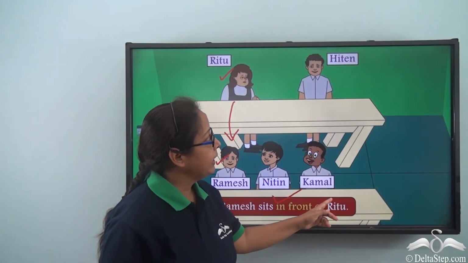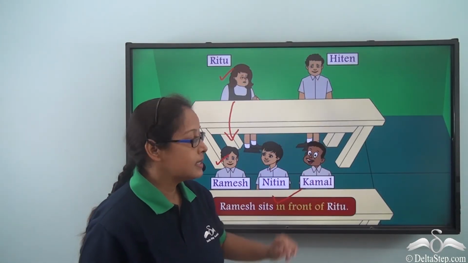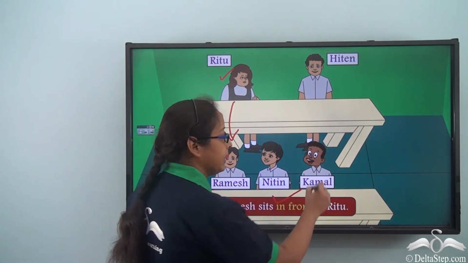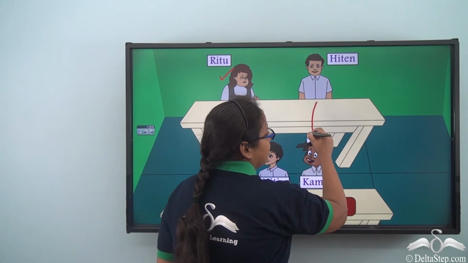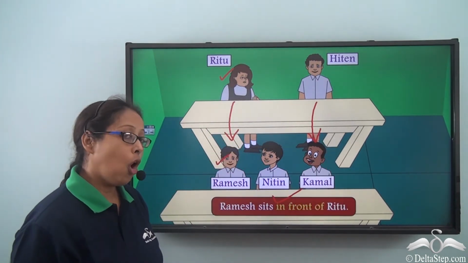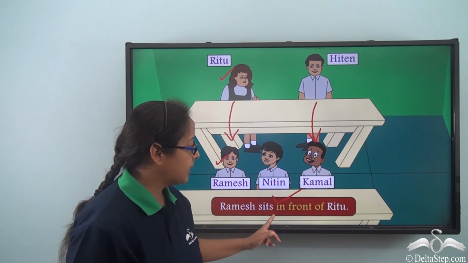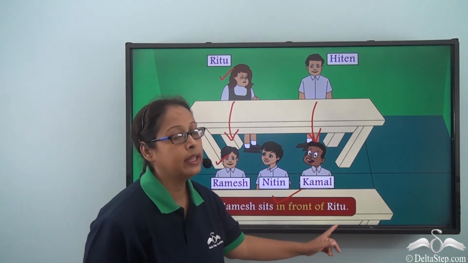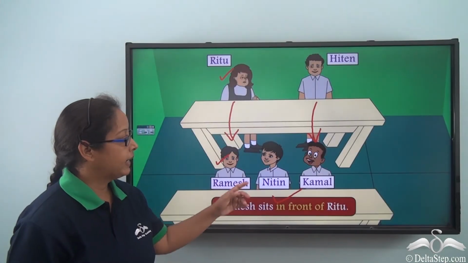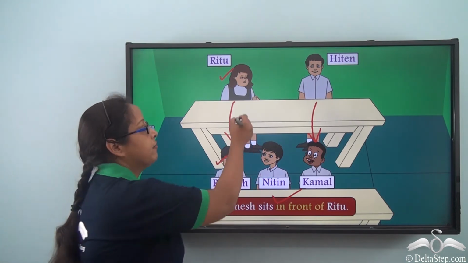In the same way, we can see that this is Kamal and this is Hiten. Can I say that Kamal is before Hiten? Yes, I can. Or Kamal sits in front of Hiten. That would be a correct answer. Can I say that Nitin sits in front of Ritu?